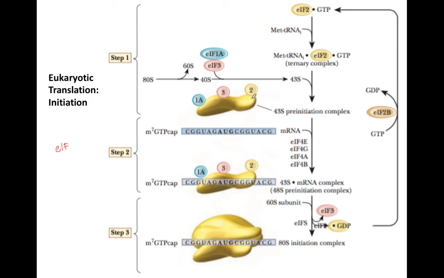Even without the mRNA, the initiator tRNA has already been bound, unlike in prokaryotes, where you require the mRNA before you put in the initiator tRNA. So here, when you have all these three initiation factors with the 40S subunit, you form the 43S pre-initiation complex.